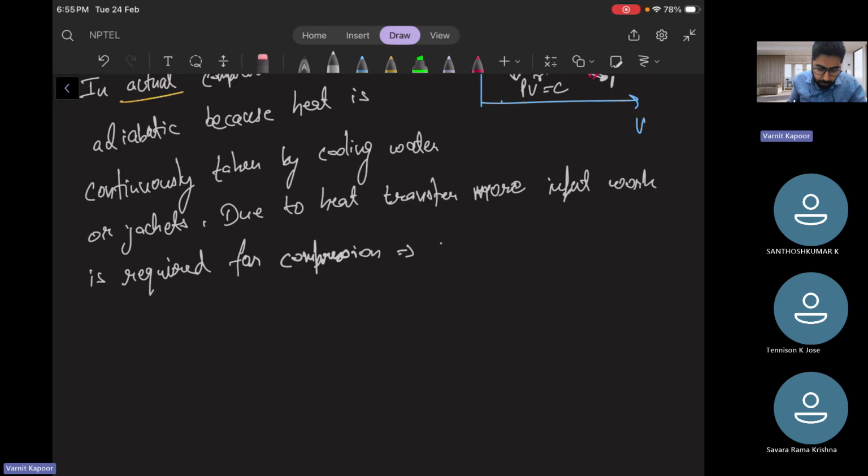This implies more area under the PV diagram. Okay, more area under the PV diagram.